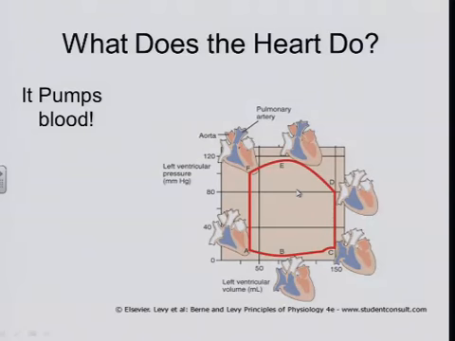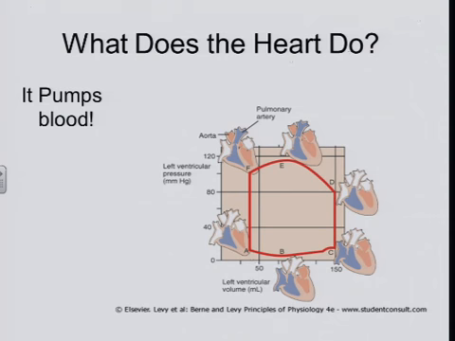Now, you may remember from physics, force through a distance is equal to work. The same set of units work for pressure times volume is equal to work. And so the integral of the area around this curve is the pressure volume work, or the stroke work that occurs in the heart.